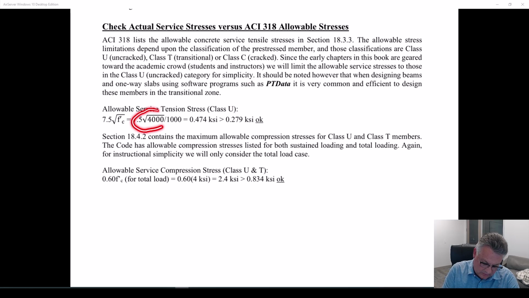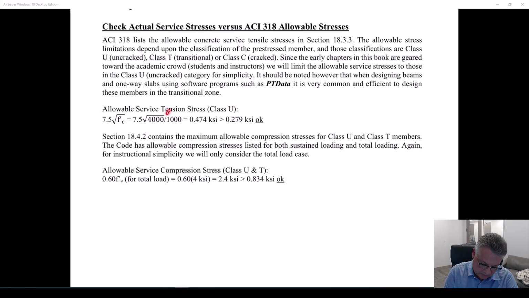Always in ACI, this isn't a Dirk Bondy rule or our book. In ACI, all values under a radical, under the square root sign, have to be in terms of psi. That's part of the ACI code in the definition. So that number always must be in psi, even if I give it to you in KSI.